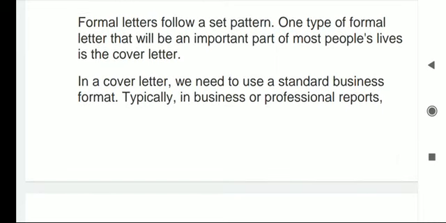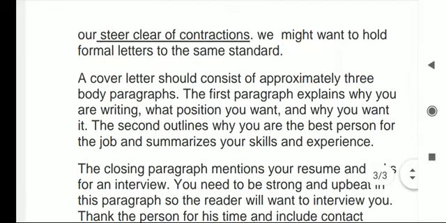In a cover letter, we need to use a standard business format, typically used in business or professional reports. We steer clear of contractions, and we might want to hold formal letters to the same standard.